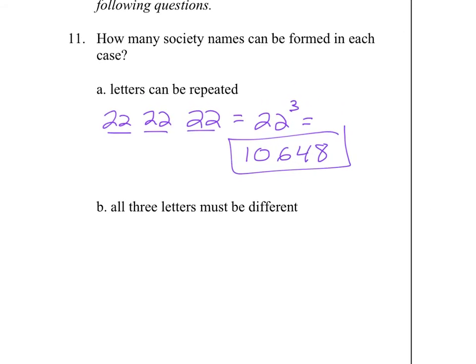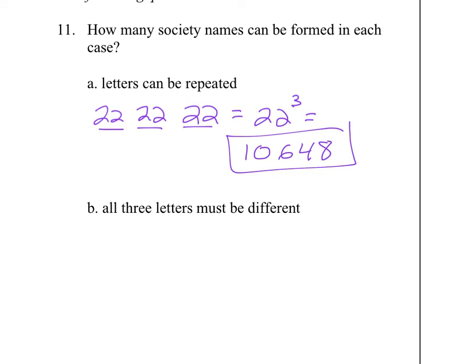All right, all 3 letters must be different. Okay, well, 1, 2, 3 letters. The first time I have 22 choices, the second time I have 21, and then I have 20. Just so you understand, this is also 22P3.